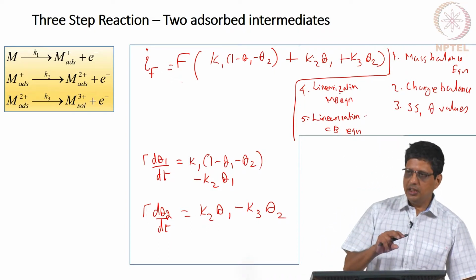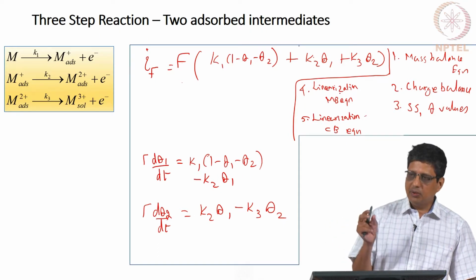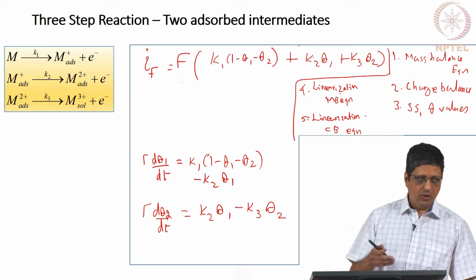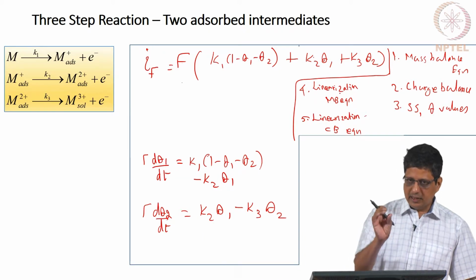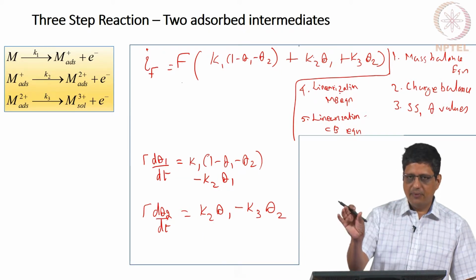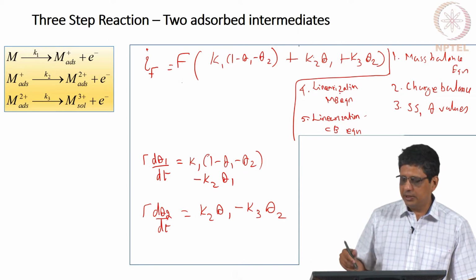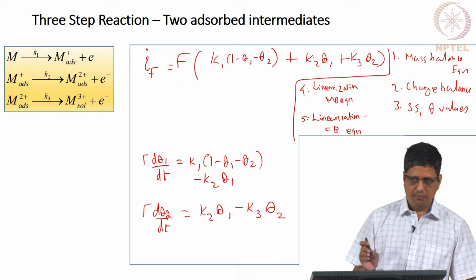Charge balance equation, if you do, you will get I AC in terms of E AC and d theta 1 by dE, d theta 2 by dE, where we have to substitute. I do not expect you to really write that in a paper, you probably are better off writing this is d theta 1 by dE, then substitute it here and then you will get the answer instead of writing a very lengthy expression. But this is the general procedure we adopt for any reaction.